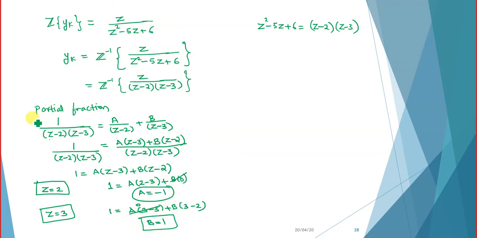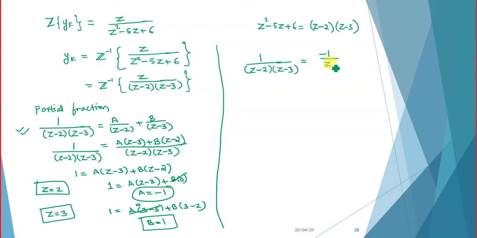So now we substitute these values over here. So what we will get? 1 over (z minus 2)(z minus 3) equals A, which is minus 1 over z minus 2, plus B, which is 1 over z minus 3. But actually our y(k) is z over this.